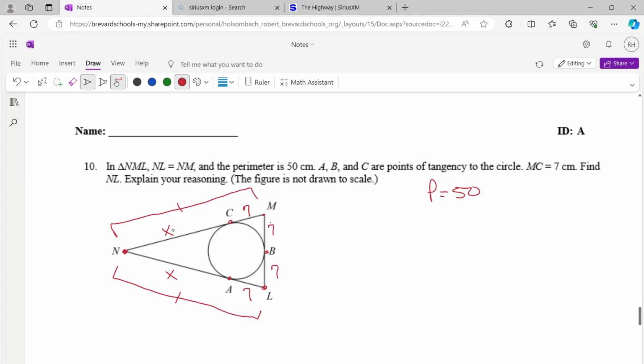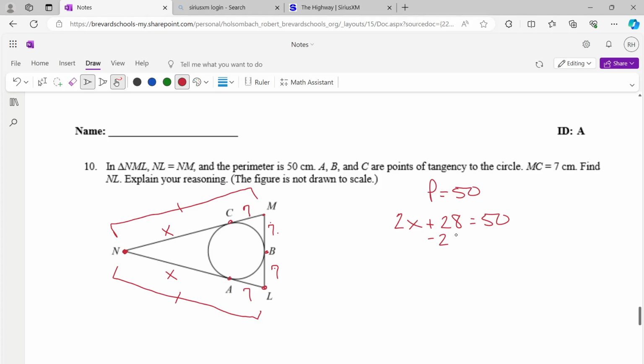So what we're going to do is take all of these tangents, add them together, set them equal to 50, solve for X, and then add that to 7. So we've got 2 X's plus we've got 4 7s. 4 7s is 28 equal to 50.